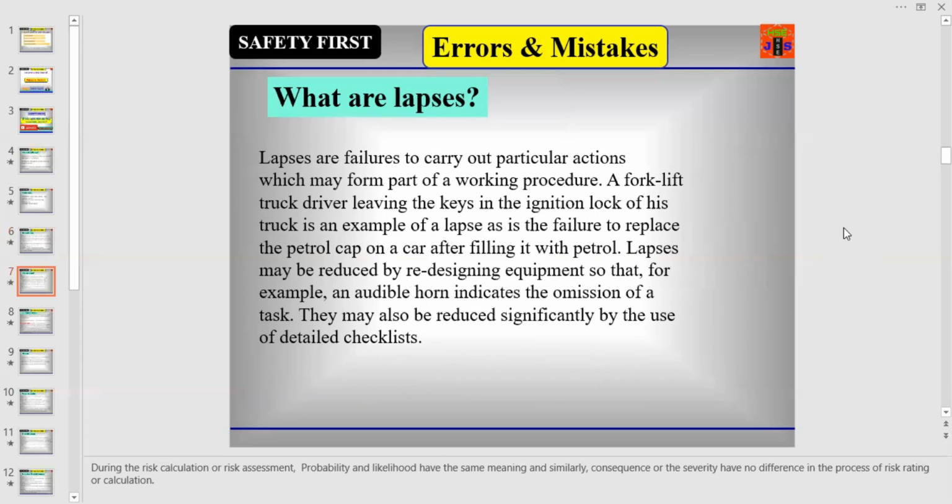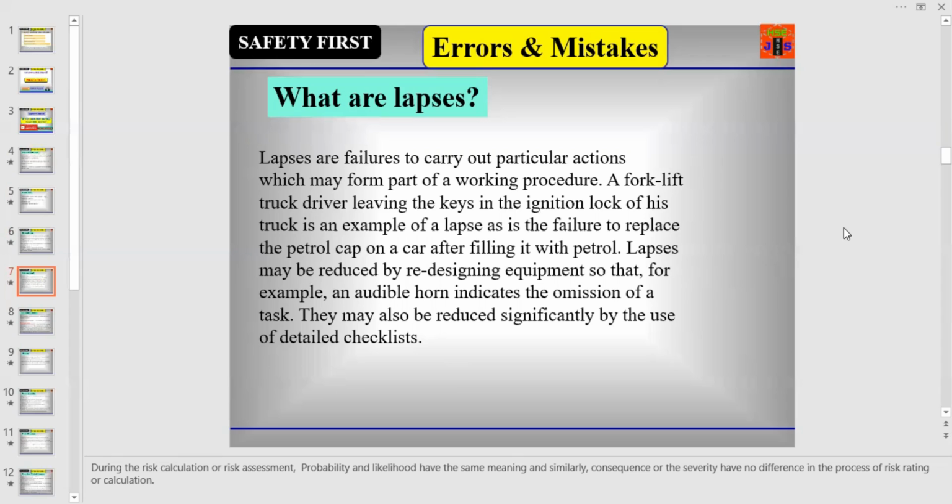Now we will see what is a lapse. Lapses are failures to carry out particular actions which may form part of a working procedure. A forklift truck driver leaving the keys in the ignition lock of his truck is an example of a lapse, as is the failure to replace the petrol cap on a car after filling it with petrol.